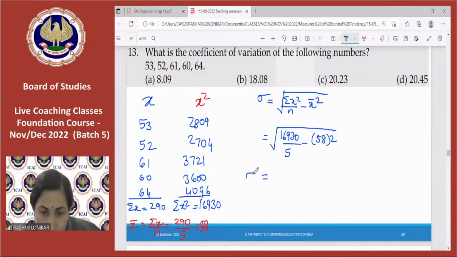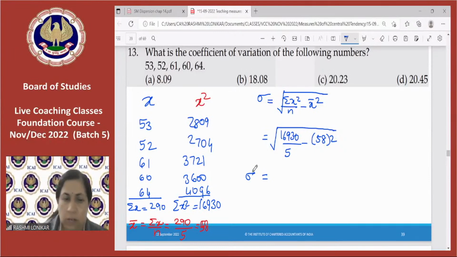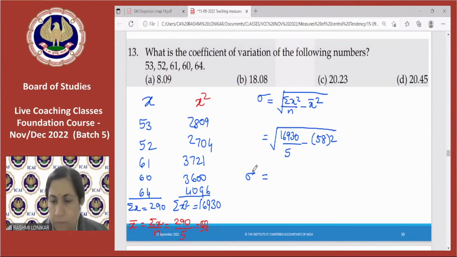So what will be the value of sigma? Can you tell me? So this comes to 4.69.